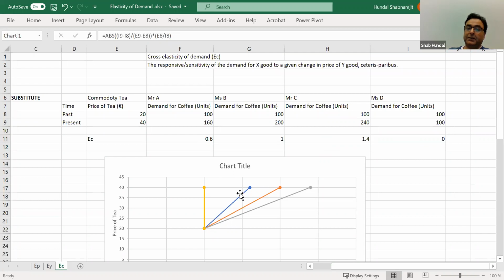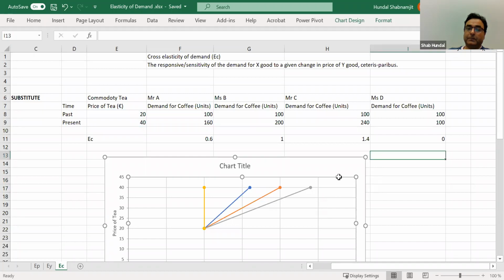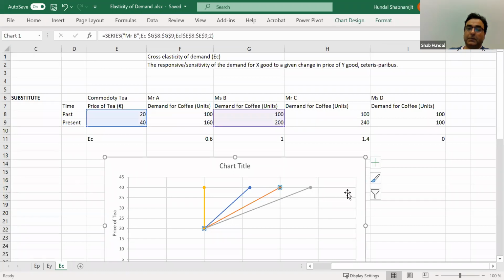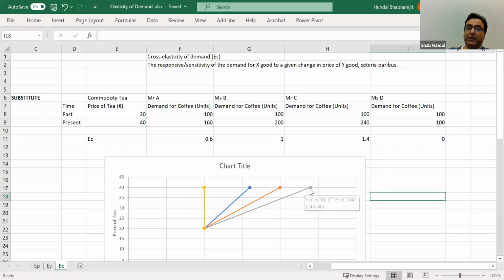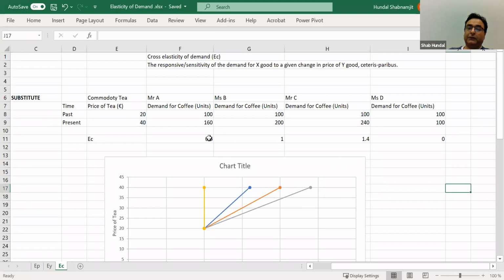So you can see here, this was less elastic. This was more elastic, the orange. And the gray was even more elastic. So as the coefficient of elasticity increases, the shape of the demand curve becomes less sloped, or more flat. And when the elasticity is the least, then the slope is super sharp.